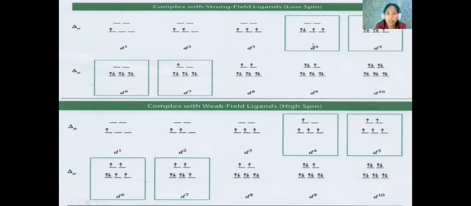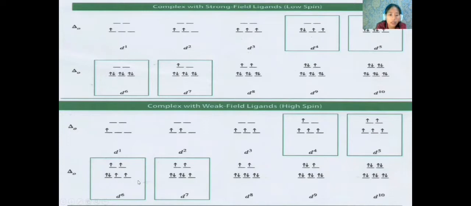Their low spin configurations all have paired electrons. And for high spin, d4 and d5 are all paramagnetic.